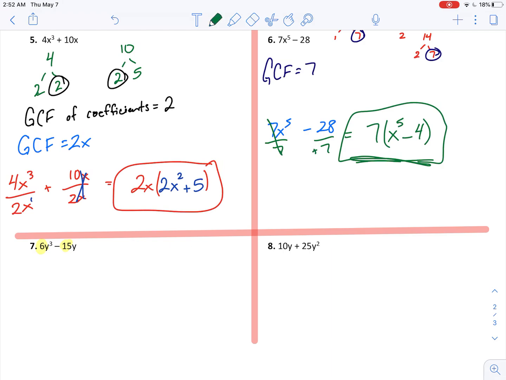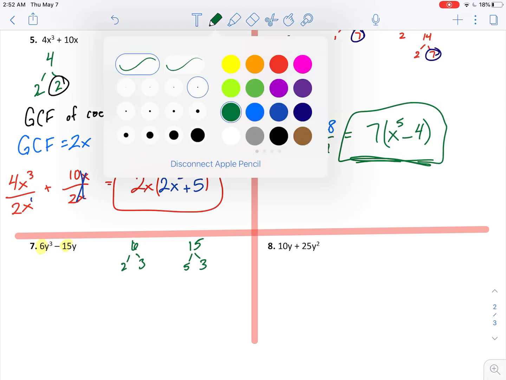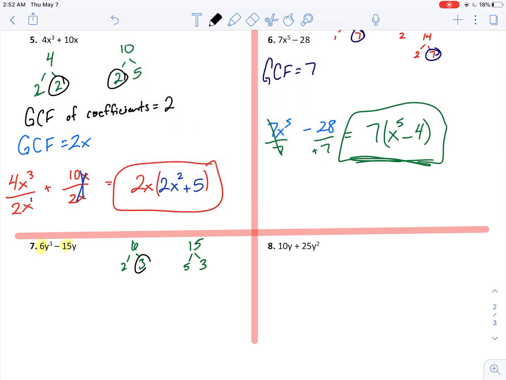Alright, now let's factor out 6 and 15. So 6 is 2 times 3. 15 is 5 times 3. So what do they have in common? Well, they've got a 3 in common. So GCF there is going to be 3. It's going to start with a 3. And how many y's do they have in common?